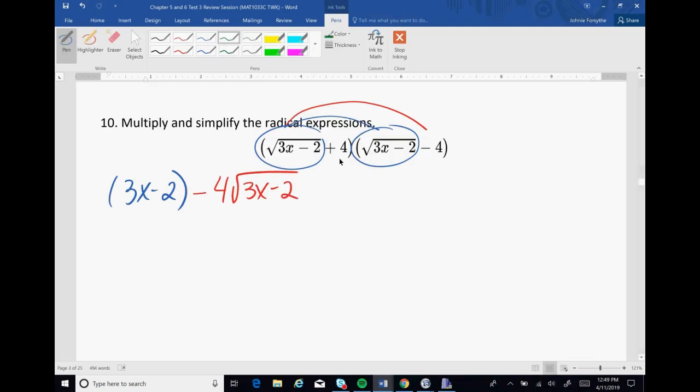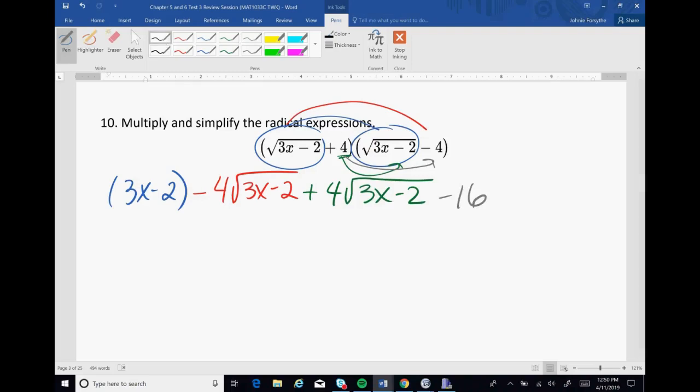Then 4 times the square root of 3x minus 2 would be plus 4 times the square root of 3x minus 2. And then 4 times negative 4 is negative 16.